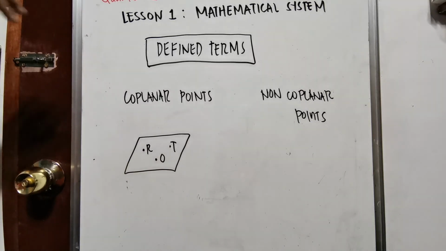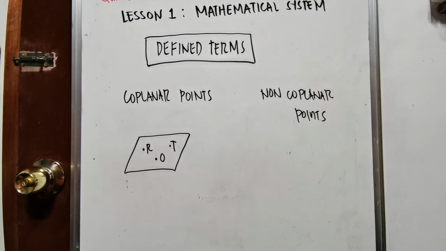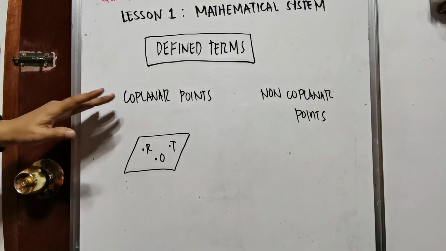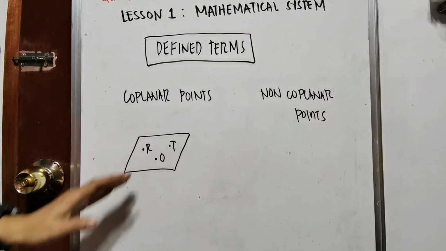Meron din tayong tinatawag na coplanar points and non-coplanar points. When we say coplanar points, these are points lying on the same plane. So ito yung ating example.